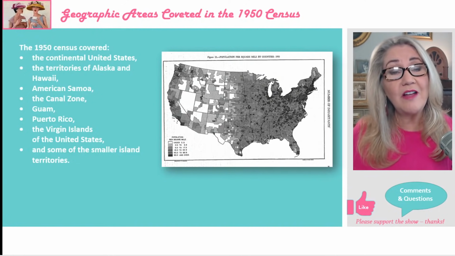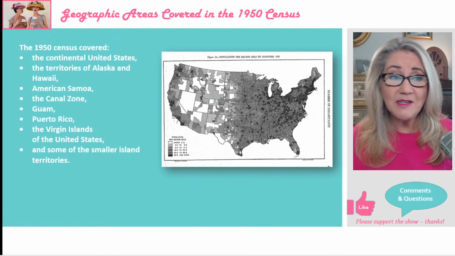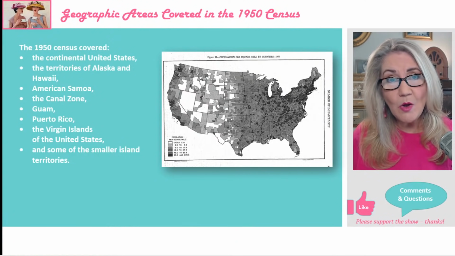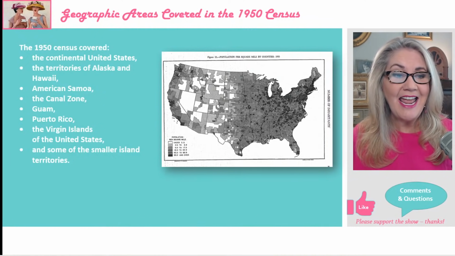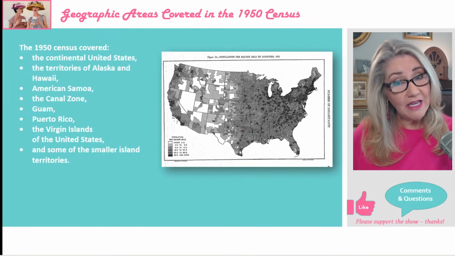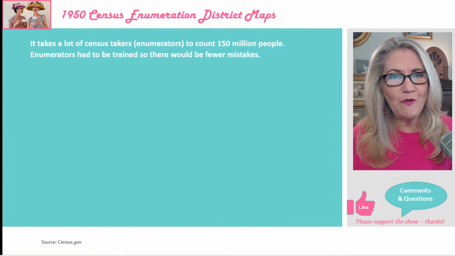So even though they're not states yet, they do fall within the 1950 census. Also, American Samoa, the Canal Zone, Guam, Puerto Rico, the Virgin Islands, and some of the smaller territories within the U.S. So it covers more than just the basic United States, and that's good for all of us.